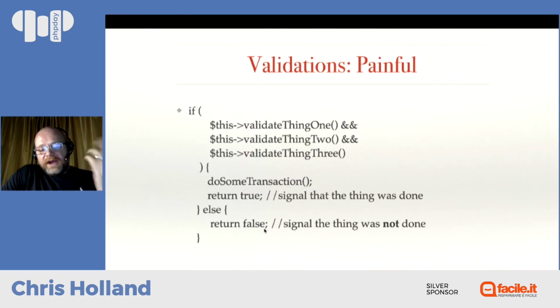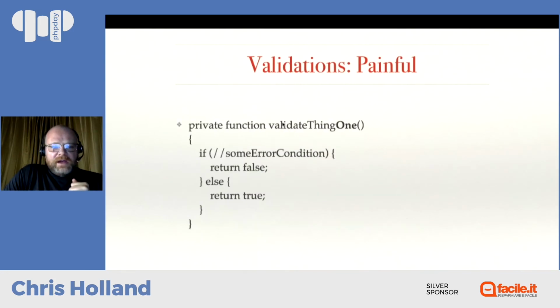So already this tells you that whichever code is upstream of what's on your screen is already going to have to handle that true or false signal, right? Now we're going to look at every single one of those validation methods. Each method might look like this, right? If some error condition happens, return false, otherwise return true.